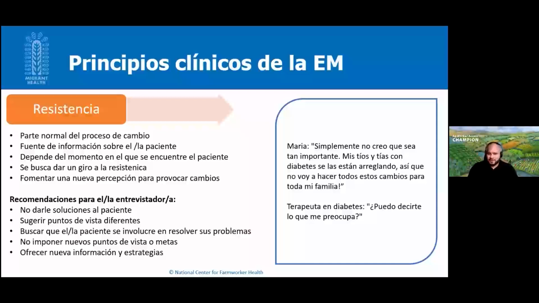Also, it's important to realize that resistance could be a source of information about the patient's past experiences. So this creates context. Understanding their resistance points is going to help us as counselors, as therapists, to be able to know more about the patient, to understand those barriers and to understand why the patient is resisting change.